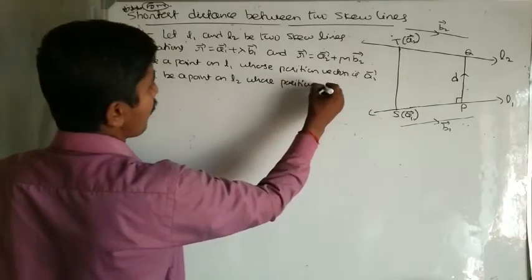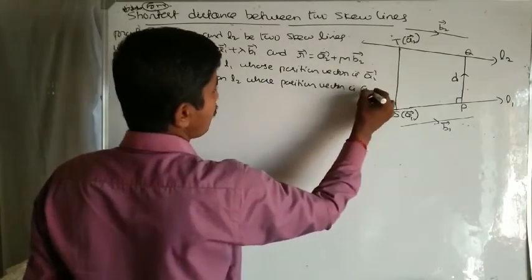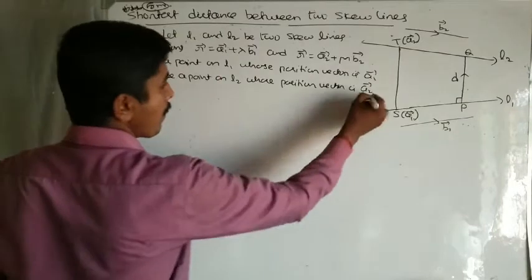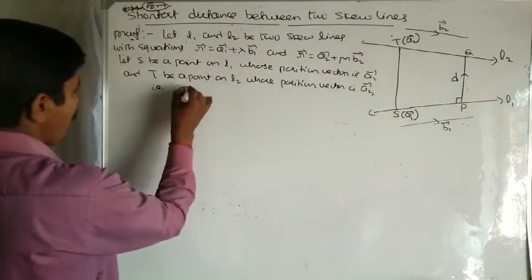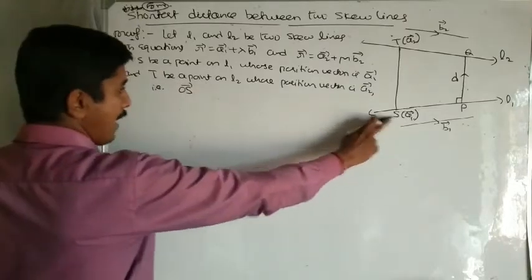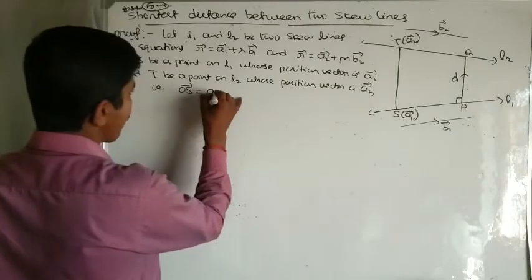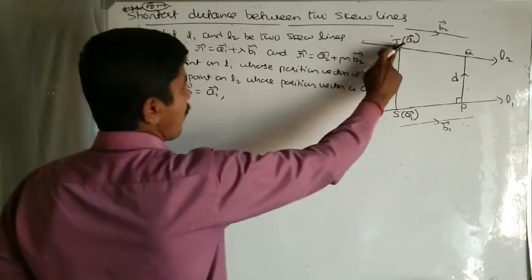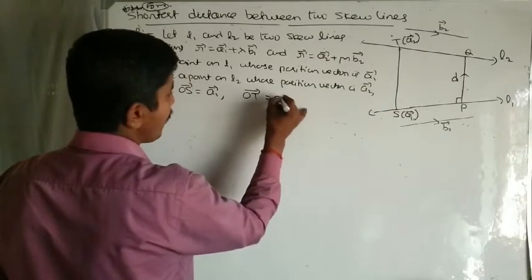The position vector of the point S is vector OS, denoted vector A1, and the position vector of the point T is vector OT, which is equal to vector A2.